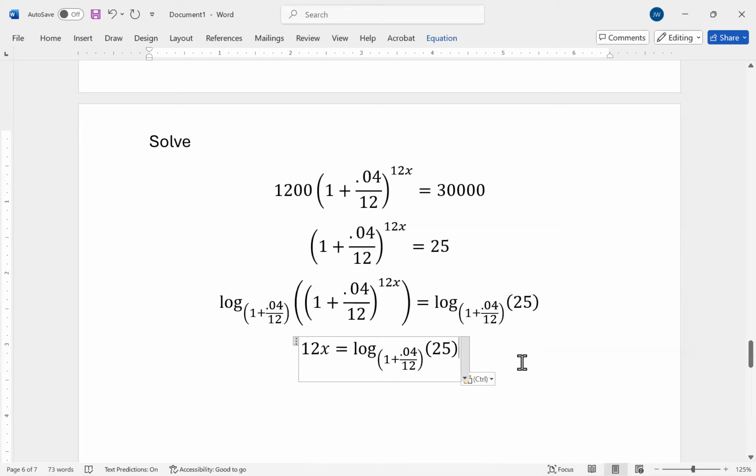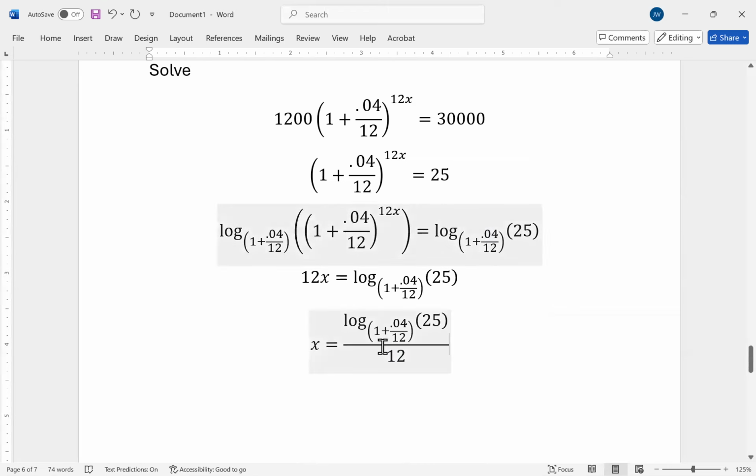And then I could have said, well, x is equal to that whole thing divided by 12. And if your calculator can use log of any base, then you're perfectly fine typing this in.